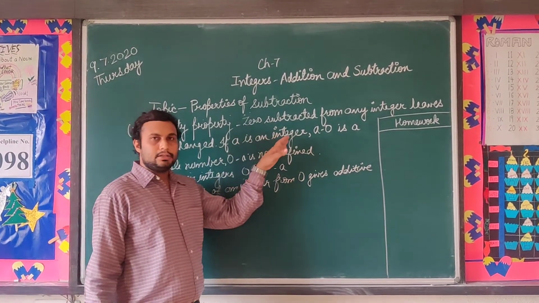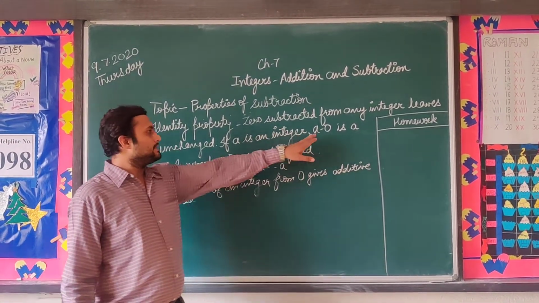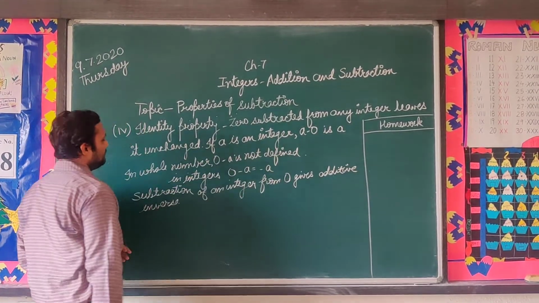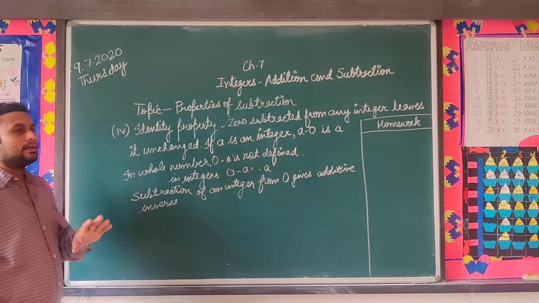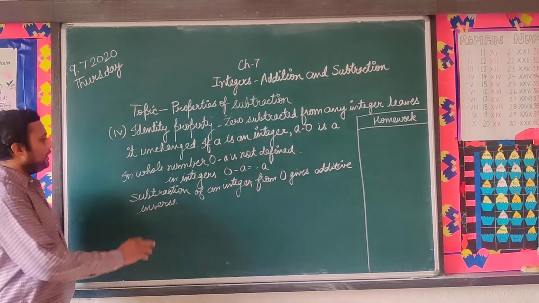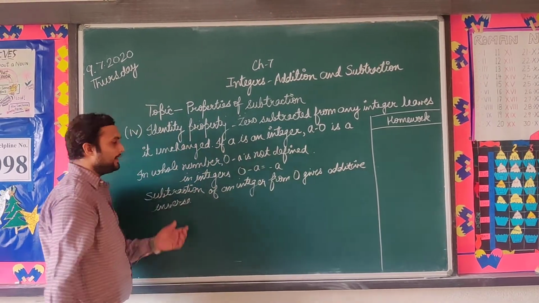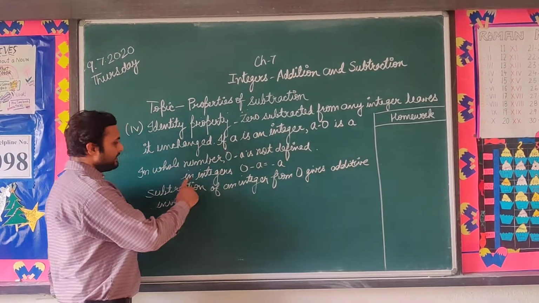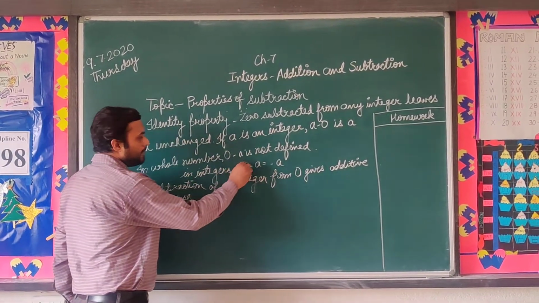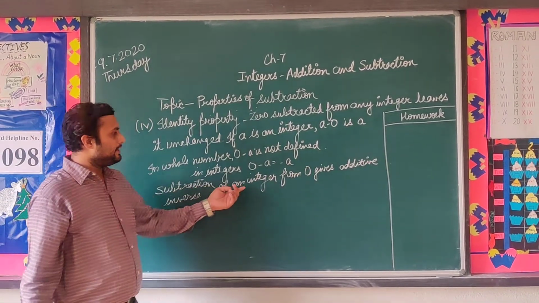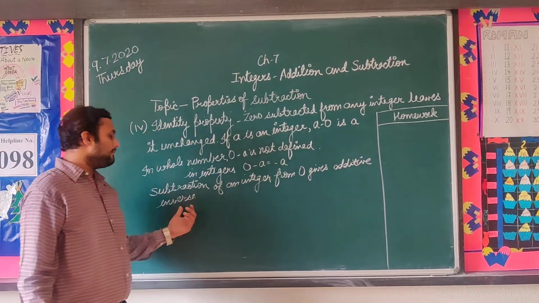Suppose a is an integer and 0 is subtracted from a, then it will remain a. Now in whole numbers, 0 minus a is not defined. But in integers, 0 minus a gives the value minus a. Subtraction of any integer from 0 gives the additive inverse.